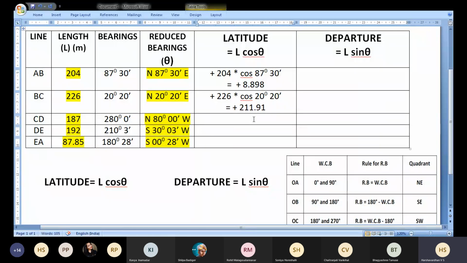For line CD, again reduced bearing is north west, so latitude will be positive because it is north. Its length is 187 and cos of reduced bearing 80 degrees.